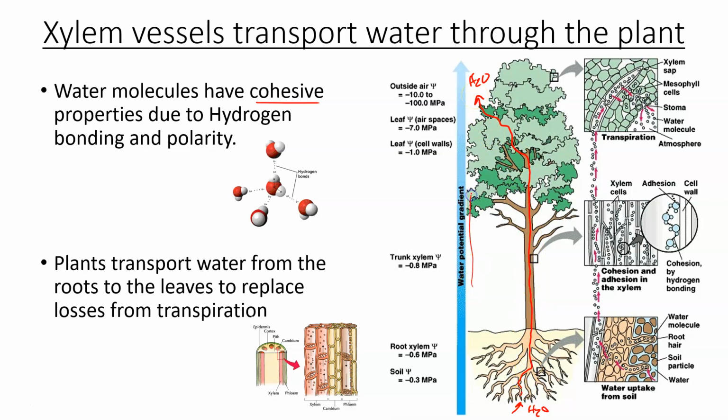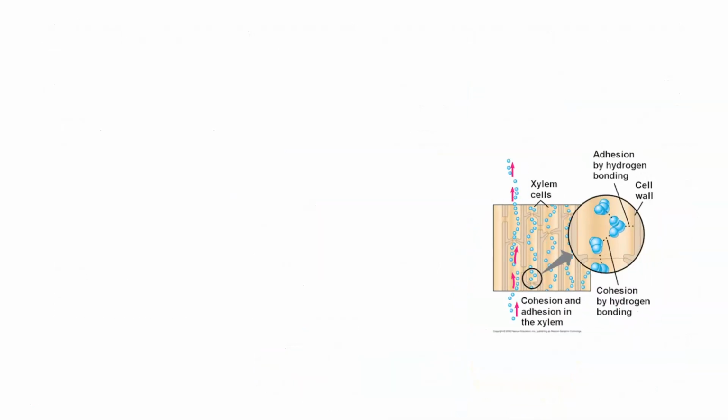And so the water potential gradient is going to be decreasing as we go higher above the ground. But there is a one-way flow of water from the ground to the atmosphere through the plant. That is called transpiration. Okay?